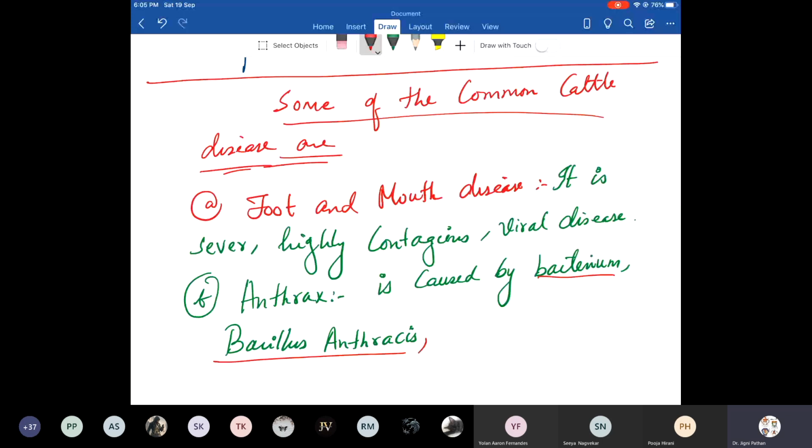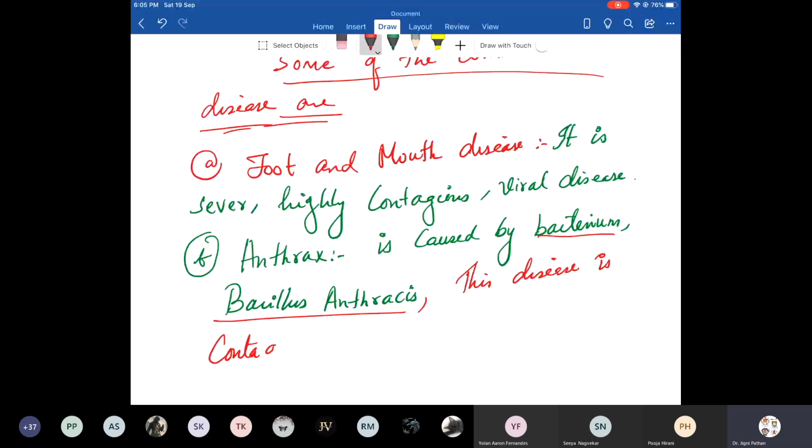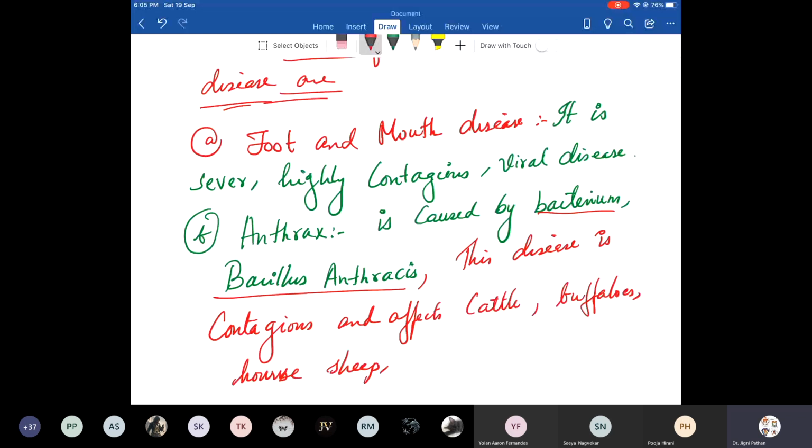This disease is contagious and affects cattle, buffaloes, horse, sheep, then goats.